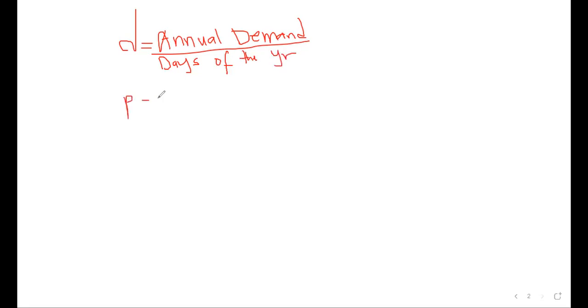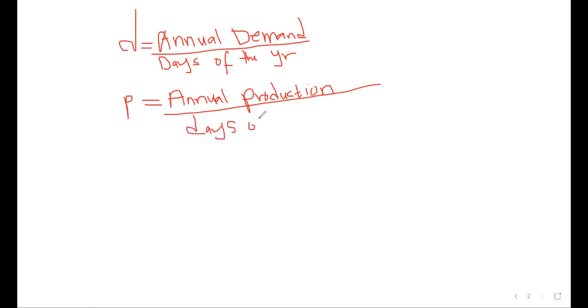Then daily production is equal to annual production divided by the days of the year. So this is about how we get into this one.